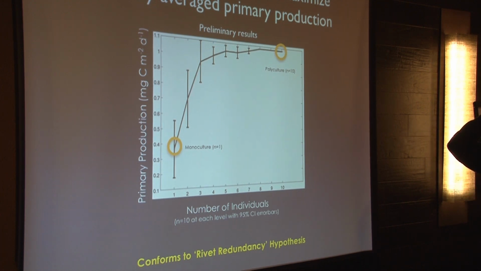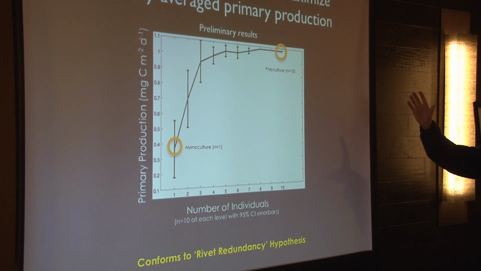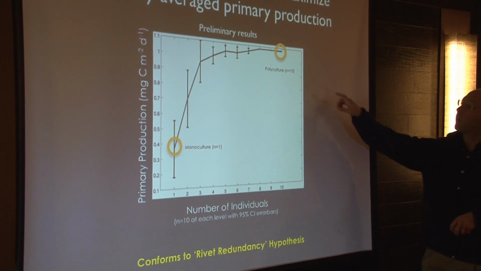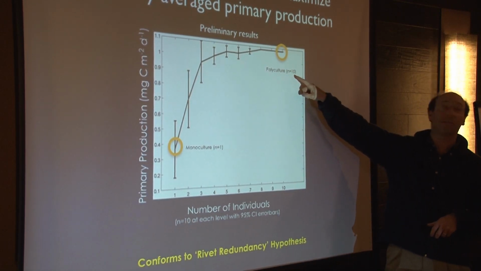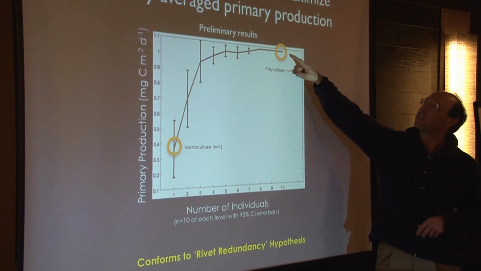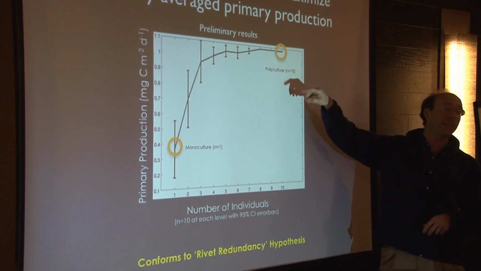Now, it may not be possible to make that conclusion from our study, which averages over various biomes within the California current. And so I'm really talking about maximizing productivity over a very large range with possibly different environmental issues. But it certainly suggests that a monoculture may not be what you want. Where basically, if we look at a polyculture of, say, 10 organisms in the CCS, we get a certain productivity.